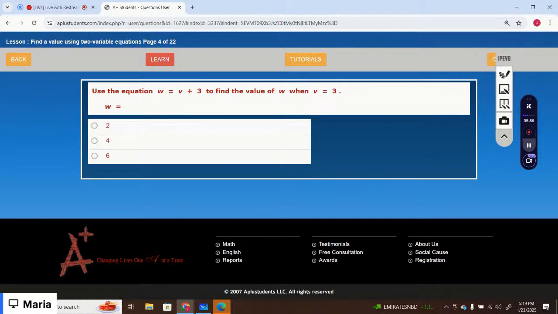W equals v plus 3, so to find the value of w when v equals 3. So which is the correct option? When v equals 3, w equals 6. Option number 3 is the correct option. Very good.